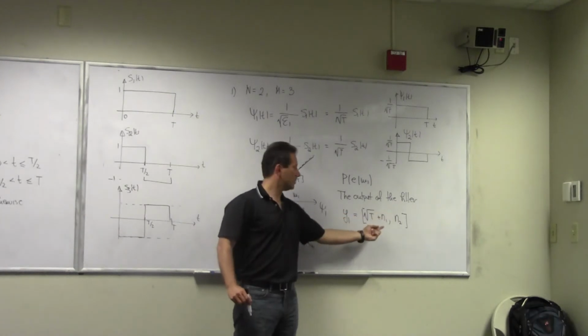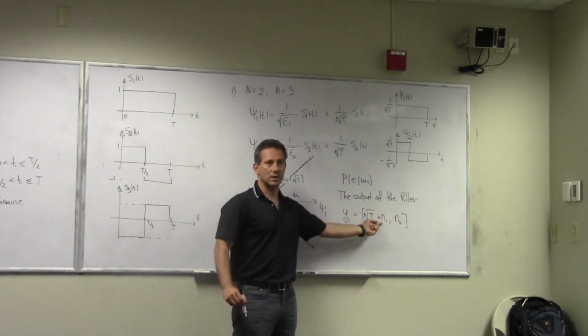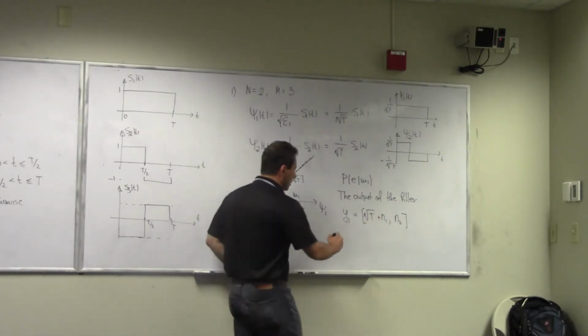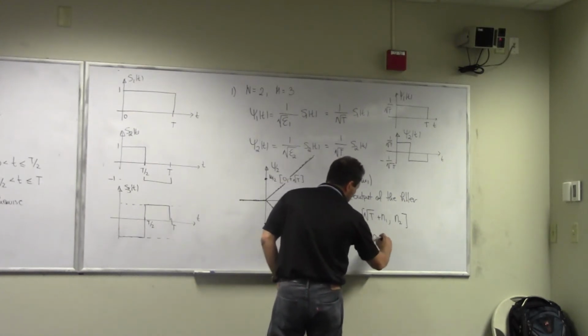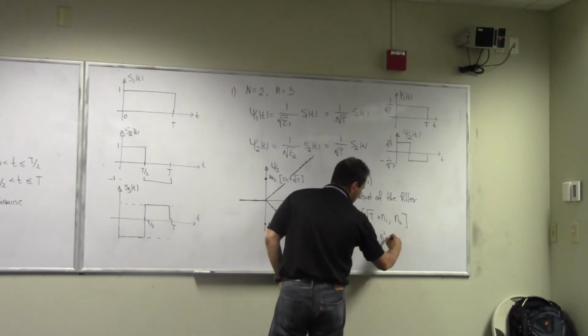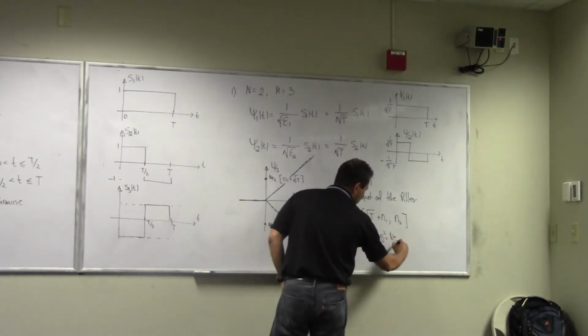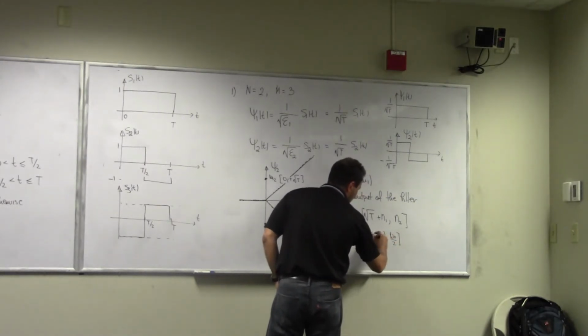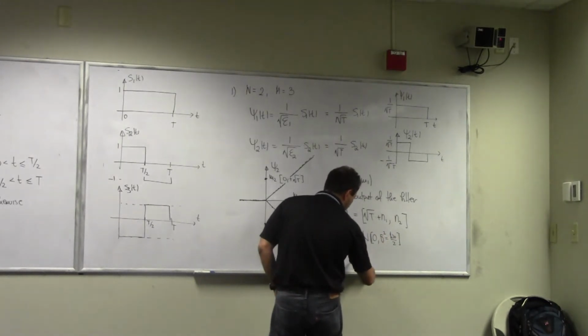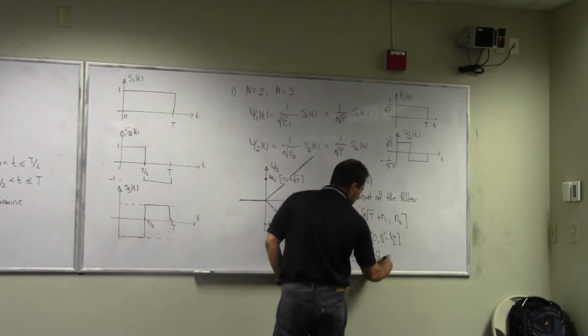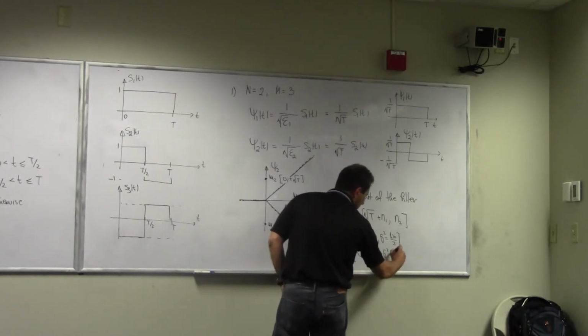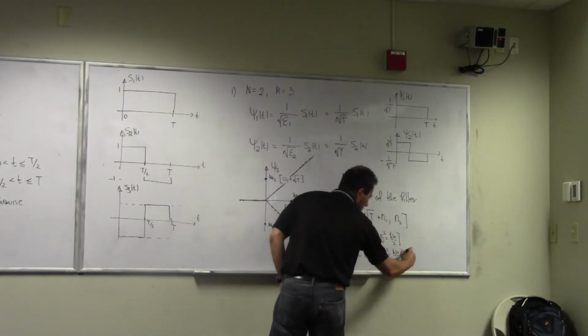But I'm going to be offset by this N1, which is a random variable. What do I know about N1? N1 is normally distributed with 0 mean and sigma squared equal to N0 over 2. How about N2? It's going to be 0 mean with sigma squared also N0 over 2.